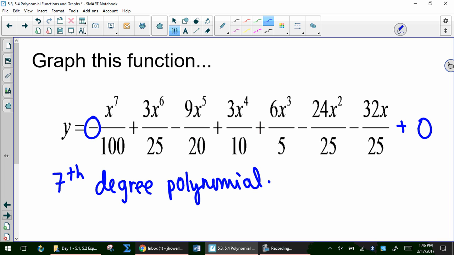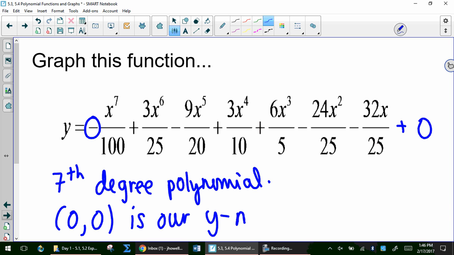We know that it has the point (0, 0), because that's our y-intercept. So (0, 0) is our y-intercept and one of our x-intercepts. I don't know if we have more than 2 x-intercepts.